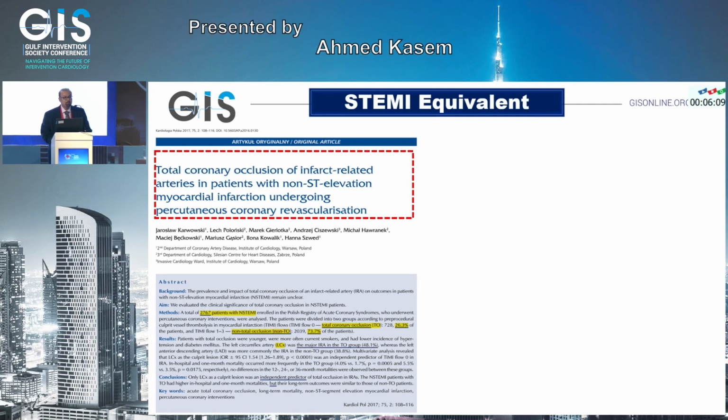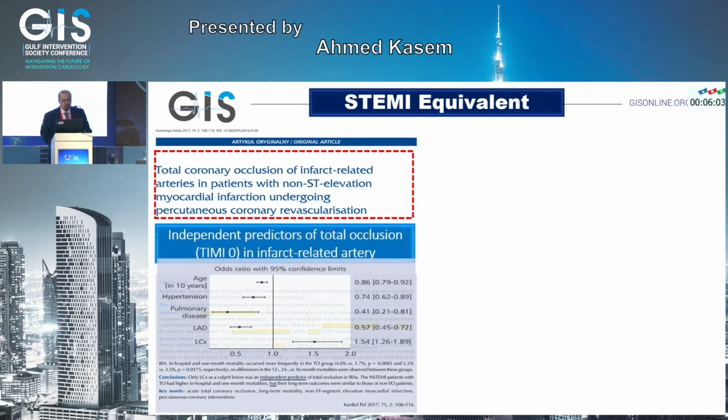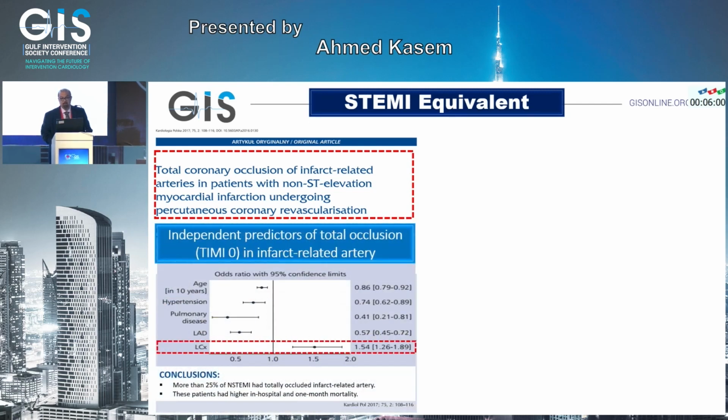This was published in a very large study of more than 2,700 patients, showing that the left circumflex is an independent predictor of presentation with non-STEMI with total occlusion of the infarct-related artery due to poor sensitivity of the ECG.